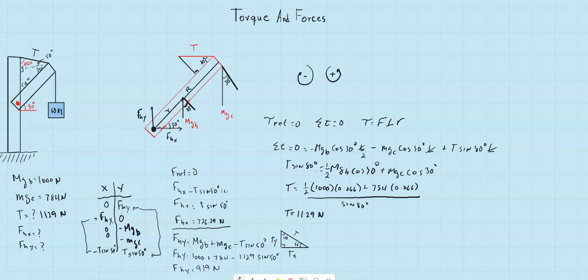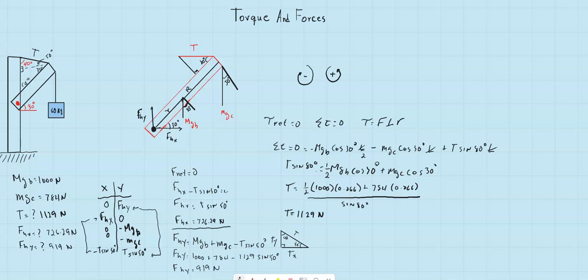So we find that our force HX is equal to 726.29 newtons, and our force HY is equal to 919 newtons.